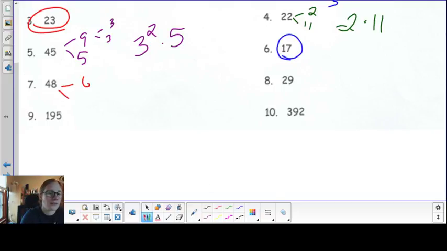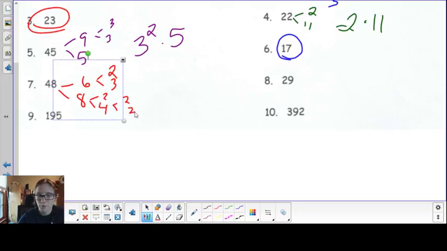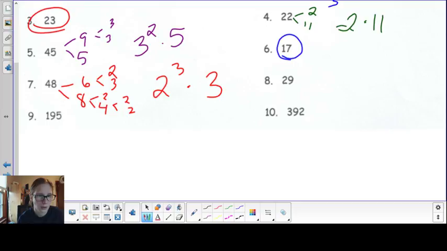48. What isn't 6 and 8? So I get 2 and 3, and I get 2 and 4, and then I get 2 and 2. So how many 2s do I have? 1, 2, 3. So I have 2 cubed times 3.